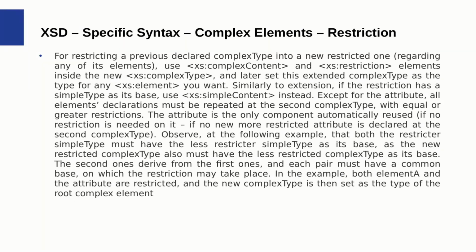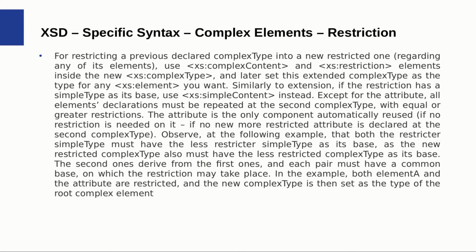So if you have an attribute at the base complex type and you have no additional restriction to do on it, you do not redeclare this attribute at the second one, and the first declared attribute will be reused at the second restricted complex type, differently from the elements.